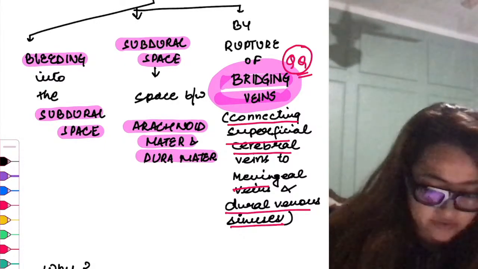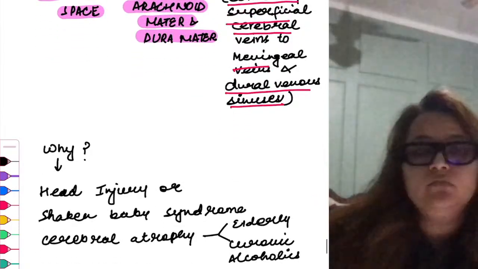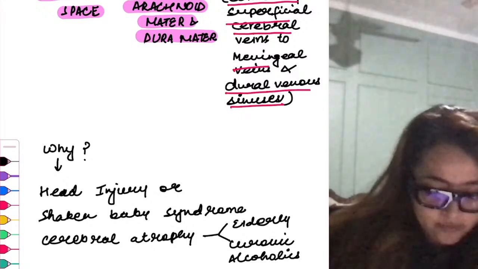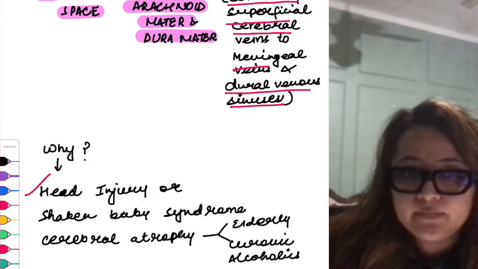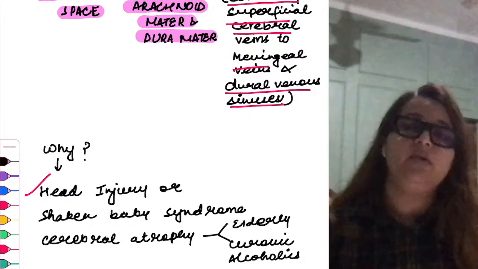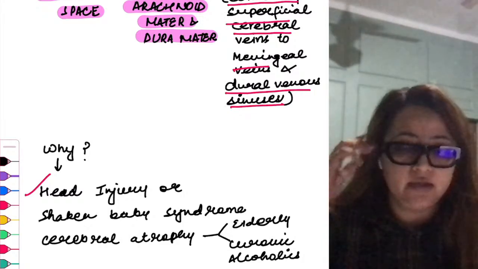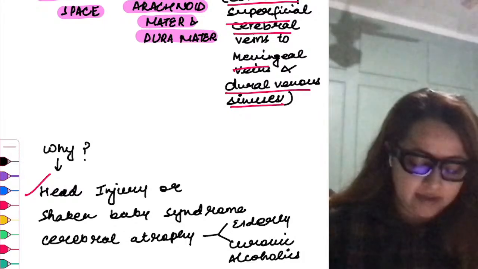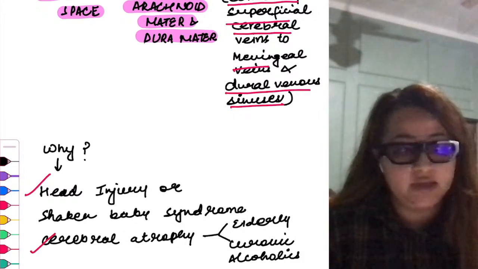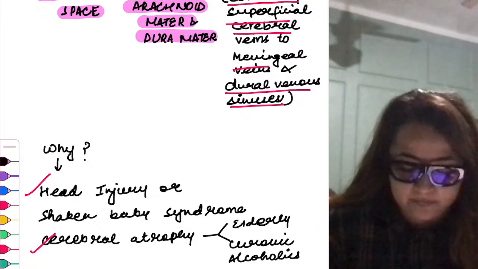So the connection between the superficial cerebral veins and the meningeal veins and the dural venous sinuses is by the bridging veins. Now, what could be the reasons for subdural hematoma to occur? Remember, subdural hematoma could occur due to head injury, or it could be a result of shaken baby syndrome. If the baby is shaken very violently, there could be injury. And then cerebral atrophy, for example, a patient who is elderly has age-related atrophy of the brain.